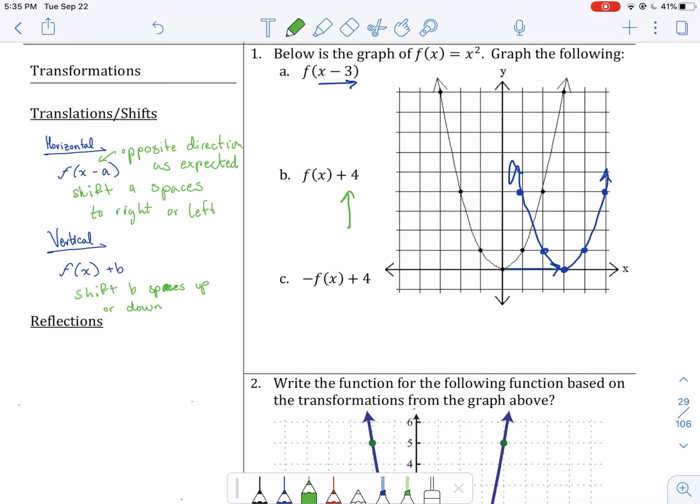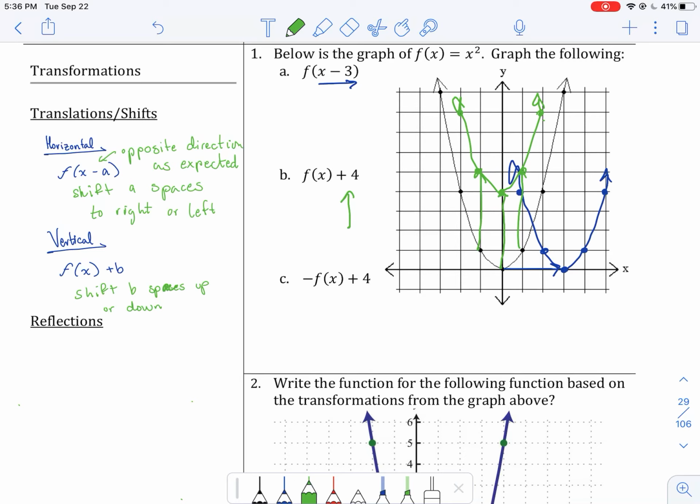They move the direction you think that they should. So if I wanted to graph this, for part B, I would take every point and move it 4 spaces up. And you'll notice, once again, the shape is exactly the same. It's just raised. We're still looking at a parabola.